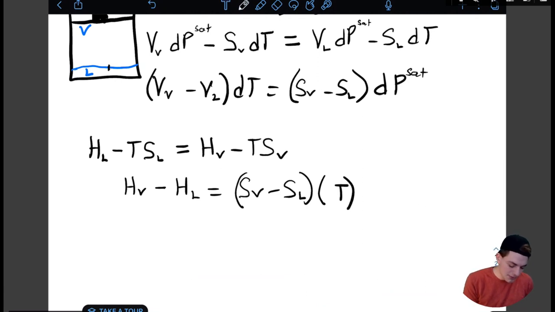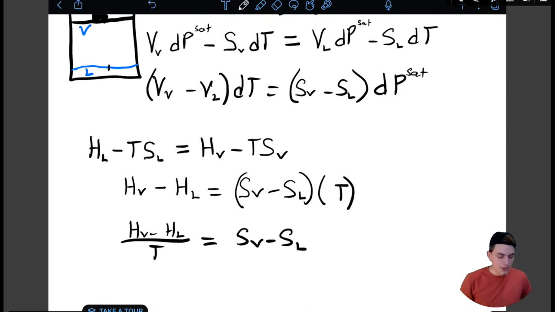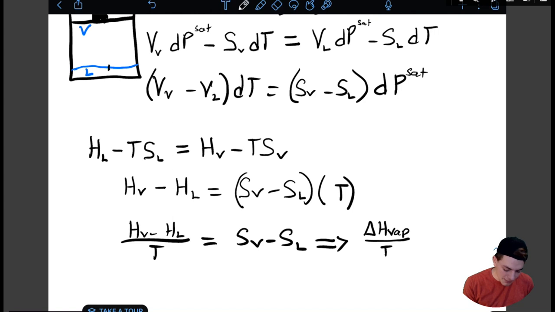dividing by temperature on both sides of the equation, I will obtain this expression, and the enthalpy of the vapor phase minus the enthalpy of the liquid phase is more commonly referred to as the change in enthalpy of vaporization over temperature. There we are.